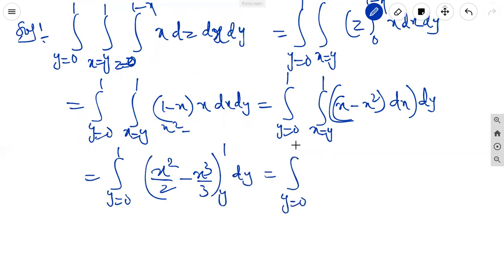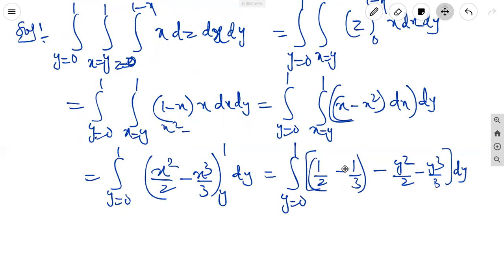Integral y equals 0 to 1, (1 square by 2 minus 1 cube by 3) minus (y square by 2 minus y cube by 3) whole dy.